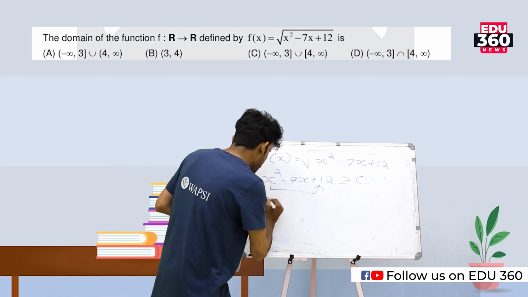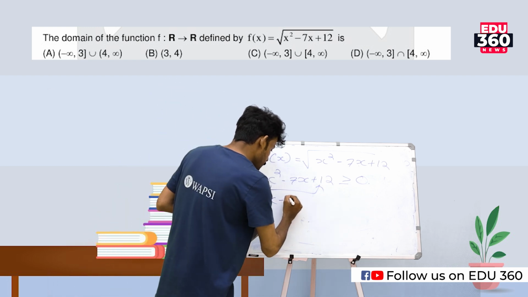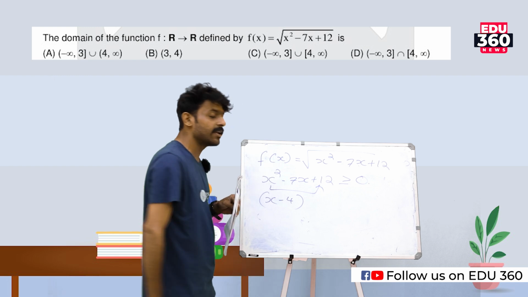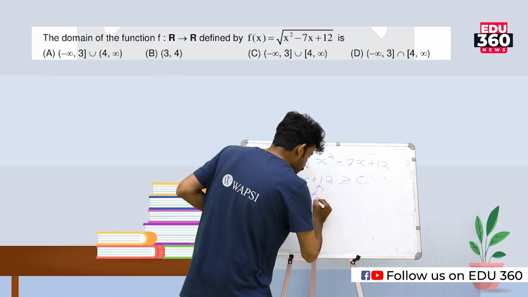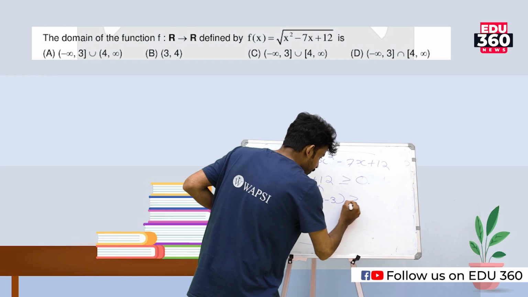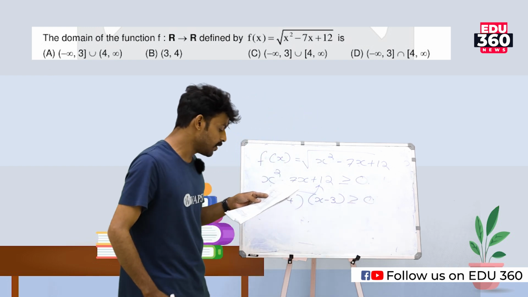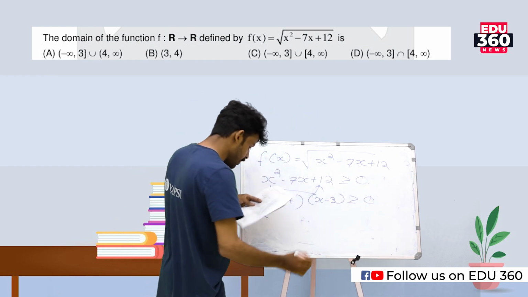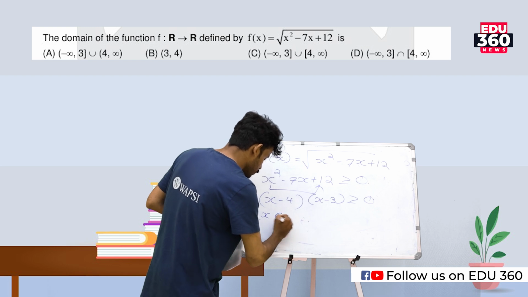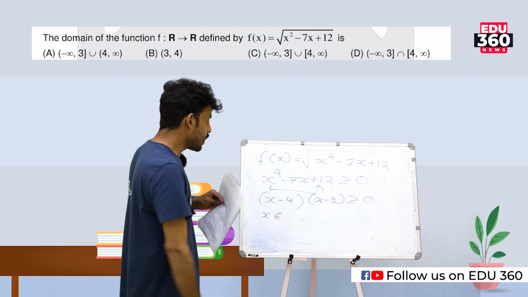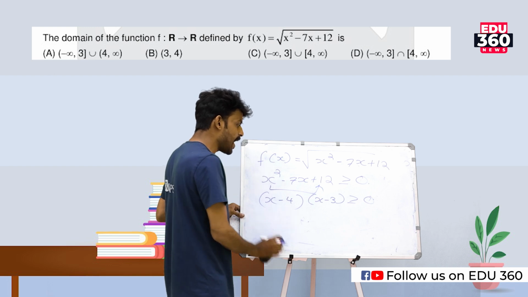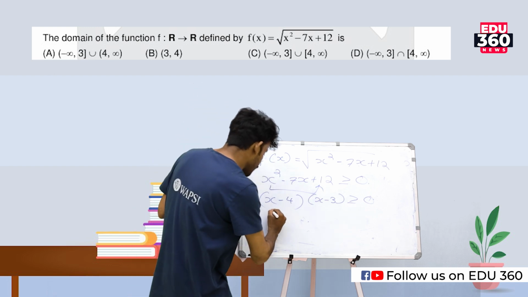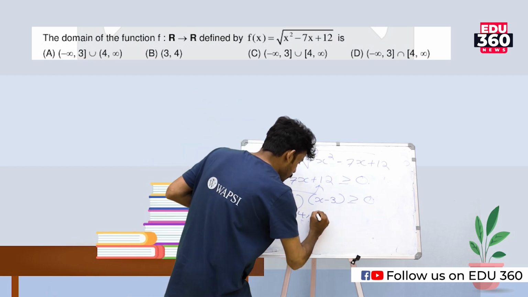So that is x minus 4 into x minus 3, that is greater than or equal to 0. So from here, what will be the value of x? You can see here, the value of x is positive 4 and 3. So we can write x is equal to 4 and 3.